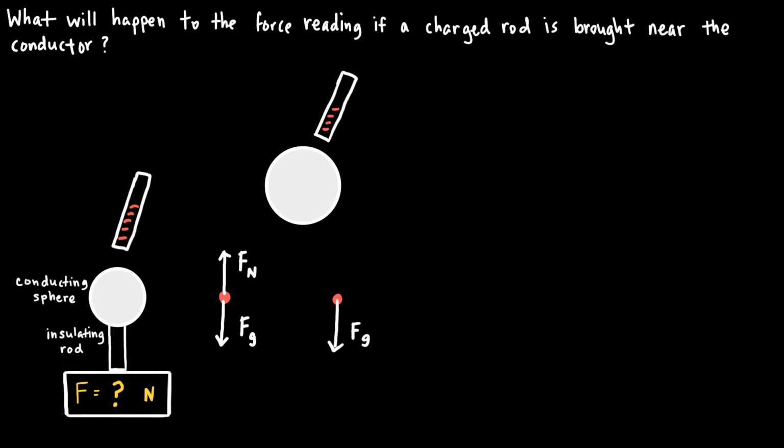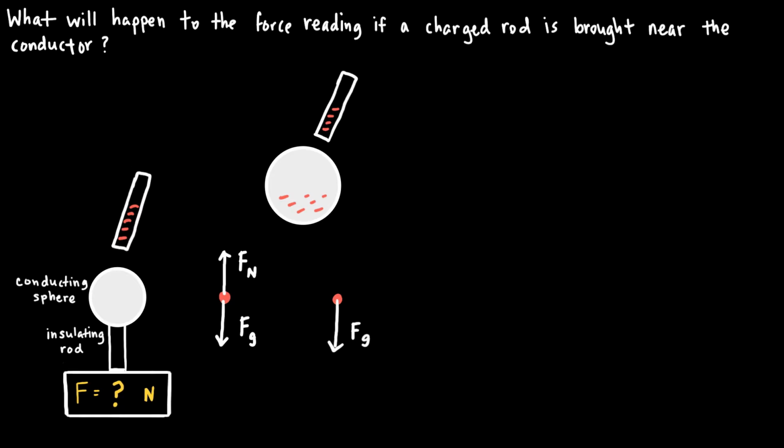And so these electrons, which have the same charge as the charged rod, would feel a repulsive electric force and would therefore move towards the bottom of the sphere. And of course, the amount of negative charge that moves towards the bottom of the sphere would depend on the magnitude of the charge on the rod. But nevertheless, some of that negative charge would move towards the bottom of the sphere.